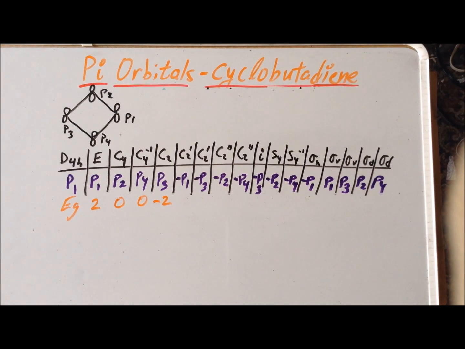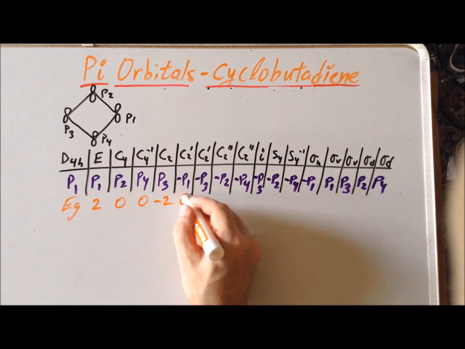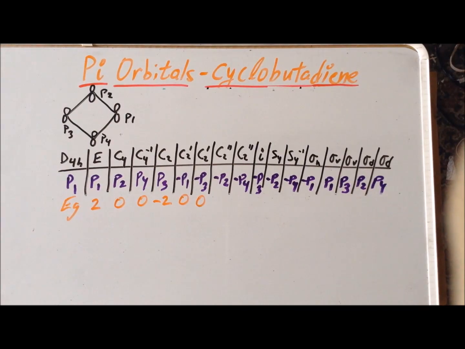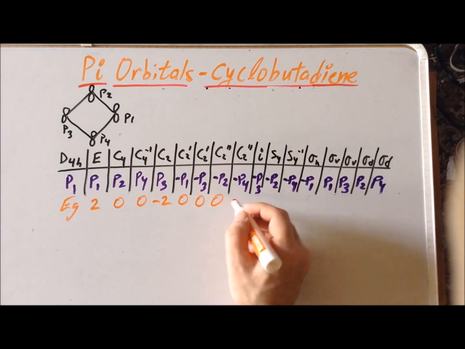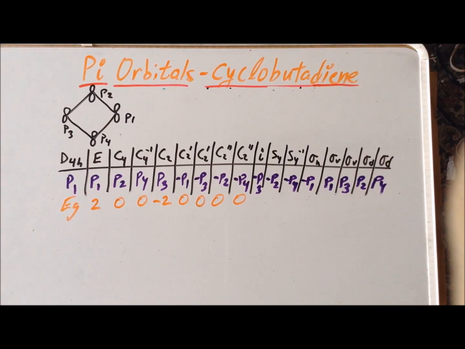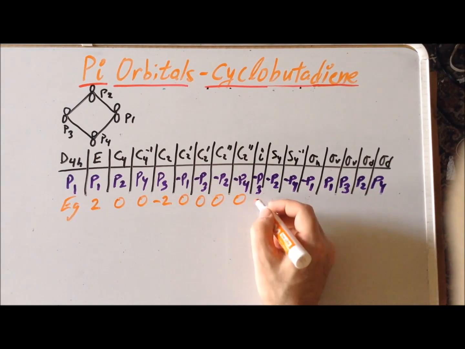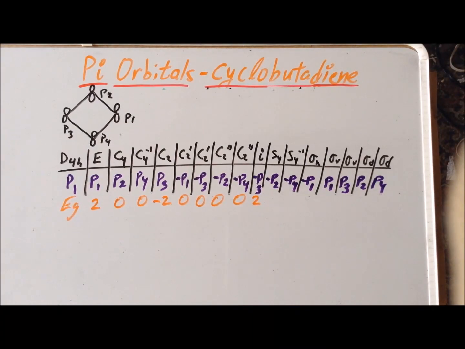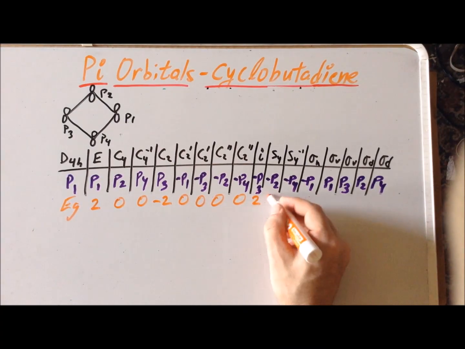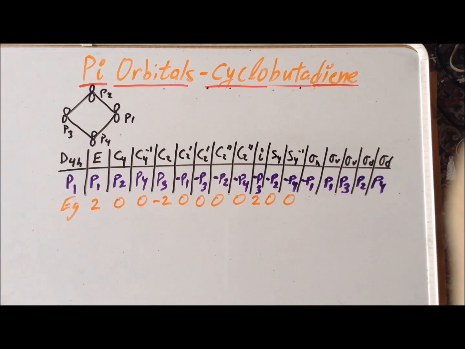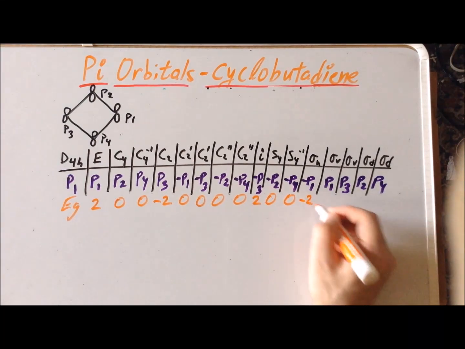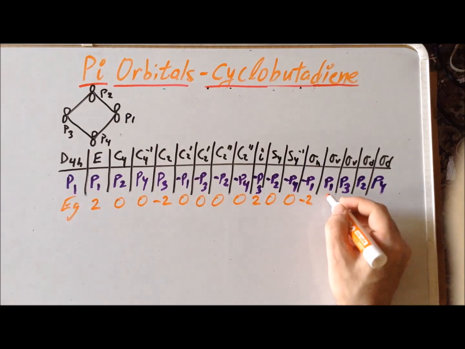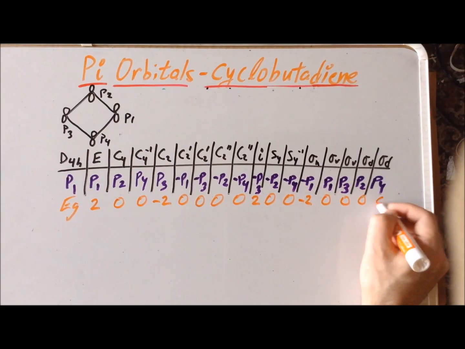The characters for C2 prime are 0. The characters for C2 double prime are 0. The character for the inversion is +2. The characters for S4s are both 0. The character for sigma H is -2. And the character for all the mirrors is 0.